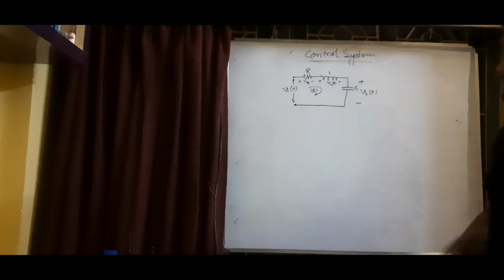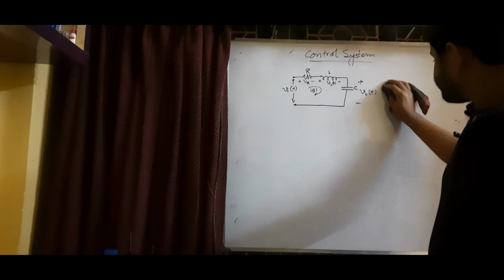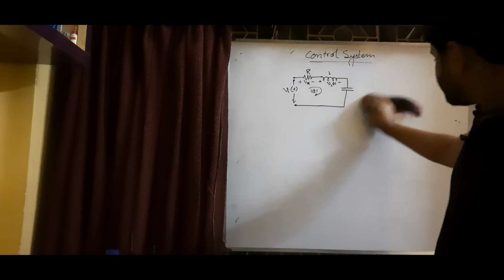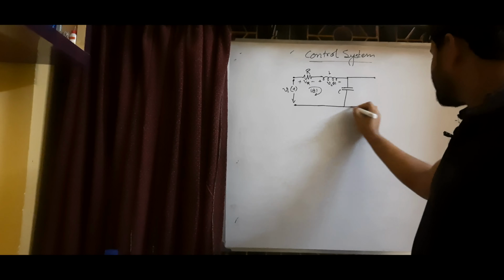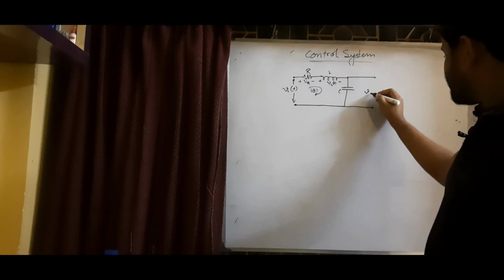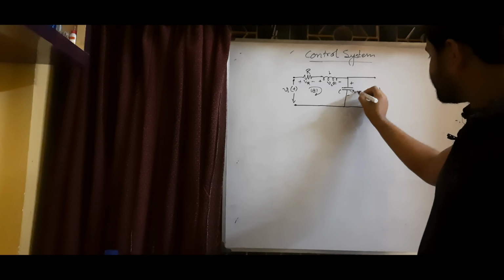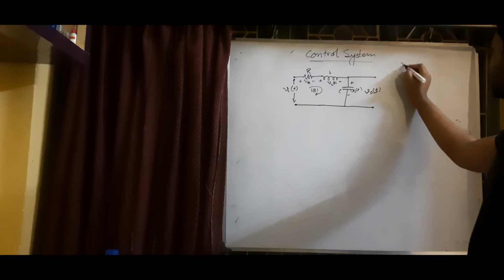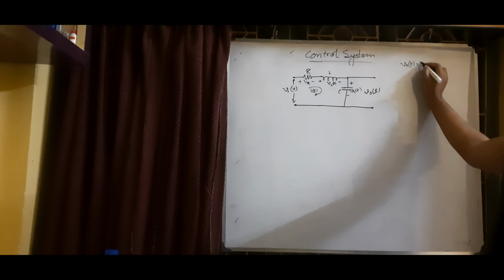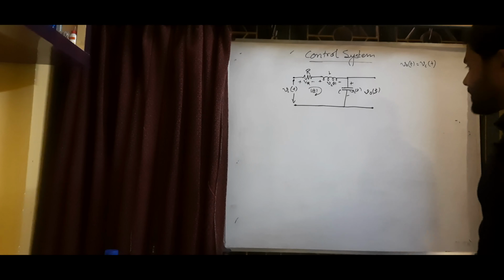So let me consider v_C(t) as the output variable and derive the differential equation. Now I will draw this diagram like this. This is v_0(t), this is v_C(t). As it is obvious from the diagram, v_0(t) equals v_C(t).